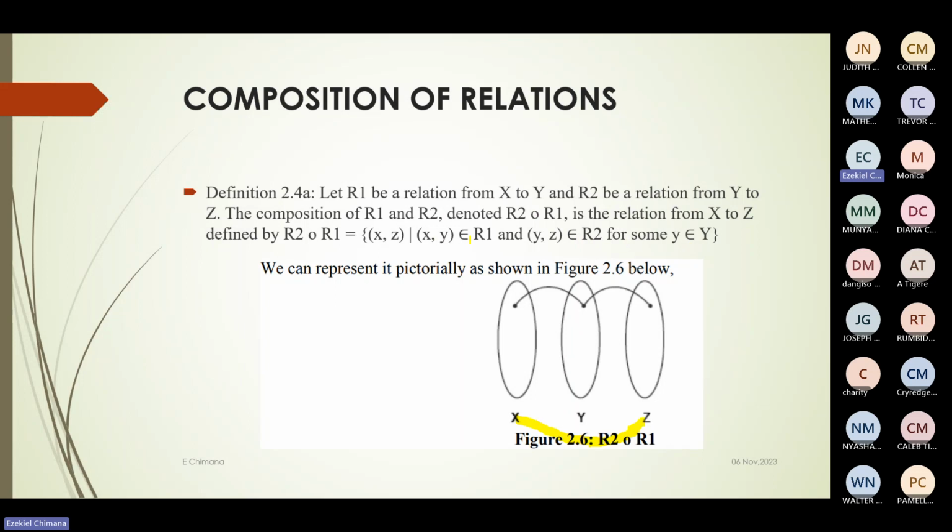So we are saying we've got this relation R1 and this relation R2, where R1 is xy and R2 is yz. So the relation that we will come up with after the composition of relations will be xz, because we are saying xy and then yz.